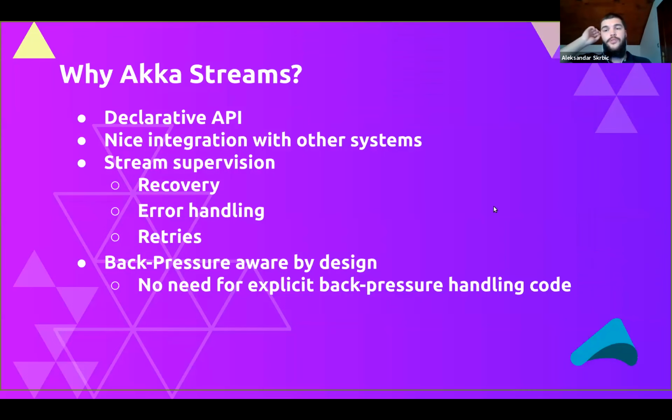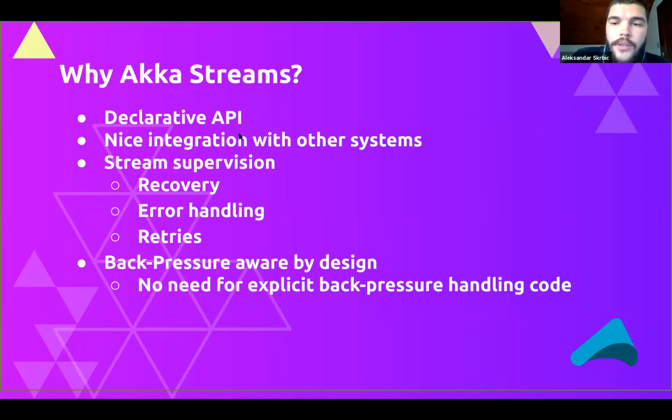So why should you use Akka Streams? It has a declarative API, as I already said. It also has a lot of operators that you will need just a few seconds to apply. But if you are not using Akka Streams, it can be really hard to tackle those tasks.